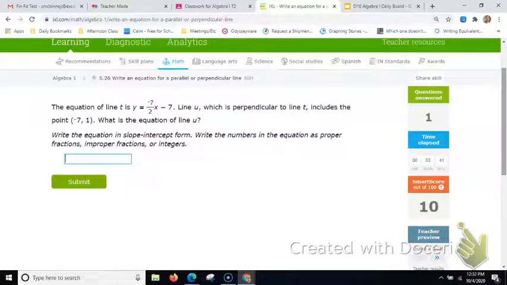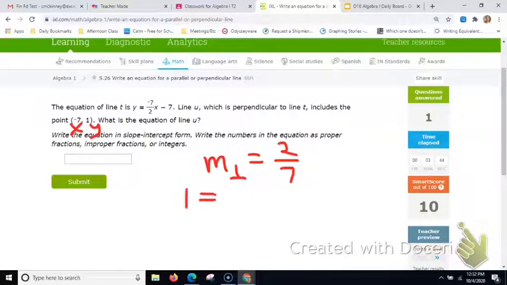This one's not going to be quite as bad because this is perpendicular, and so the slope for the perpendicular to this would be 2/7. For some of you, you're saying it's still bad because it's still a fraction. But negative 7 over 2, change the sign, flip it over, so 2/7. And then this is my x, this is my y.